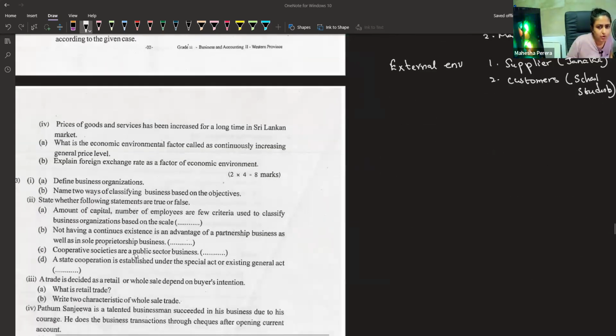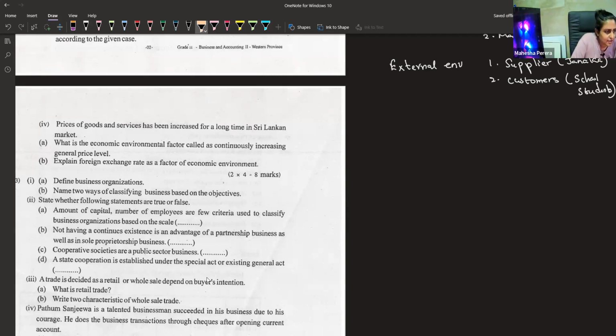Now let's talk about Roman figure 4. The fourth one also has a case, and a case is just a sentence. Let's read it now. When there is a sentence, we read it first, but if it is more than a sentence, definitely read the questions first. Prices of goods and services have been increasing for a long time in the Sri Lankan market, obviously.